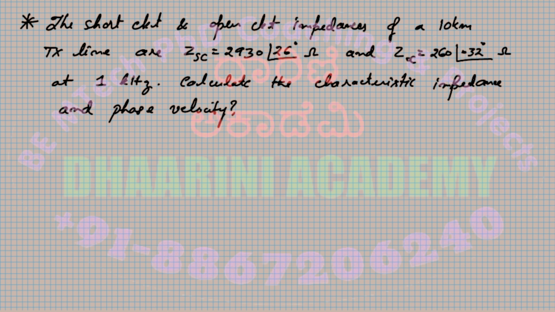Now, Z naught is a straightforward answer here. Do you remember any equation that relates the given data to Z naught? Short circuit impedance is given, open circuit impedance is given, frequency is given, and the length of the line is given.